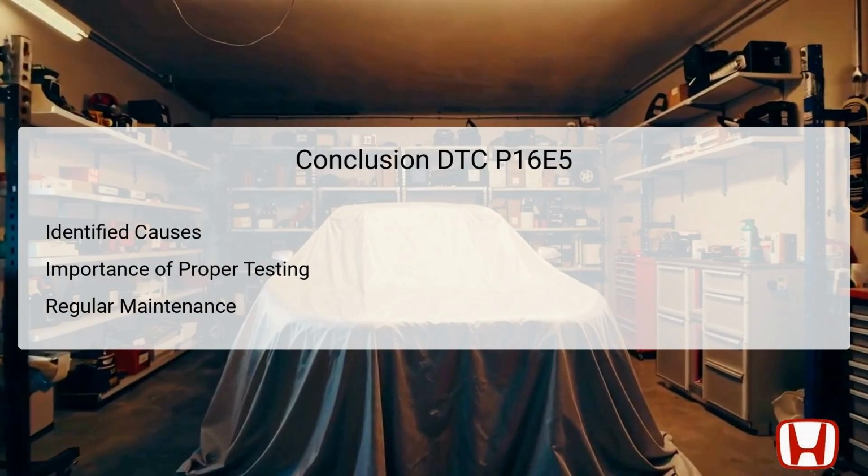Understanding the undertakings during troubleshooting is essential for addressing issues accurately and promptly. Lastly, committing to regular maintenance of the vehicle's electronic components aids in the prevention of such issues, thereby enhancing performance and reliability in the long run.